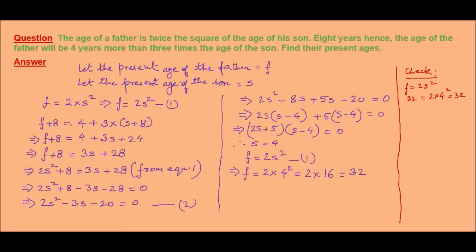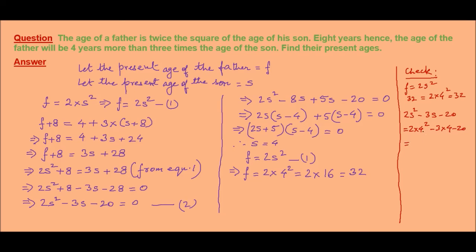Coming to the second sentence, which we have simplified to get this quadratic equation, 2s square minus 3s minus 20 is equal to 0. Now we are putting the son's age and we will be evaluating this left hand side to see whether it comes out to be equal to 0 or not. So we write 2s square minus 3s minus 20. This becomes equal to 2 times 4 square minus 3 times 4 minus 20.